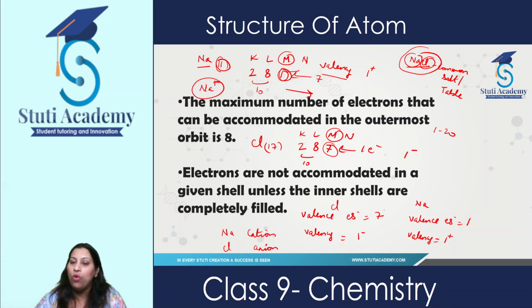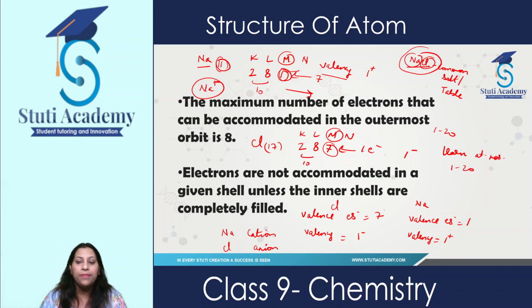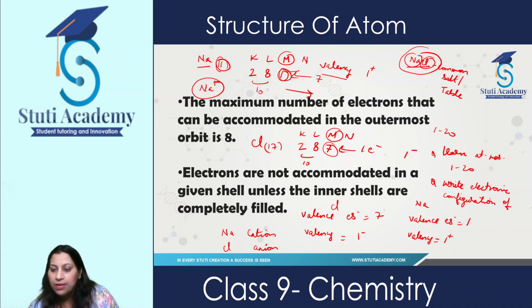So I'm giving you one homework. Learn atomic numbers from 1 to 20. This is for one task. And second task is write the electronic configuration of aluminium, magnesium and oxygen.